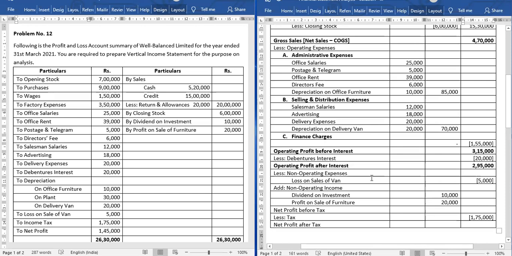After this, non-operating income and expenses: less non-operating expenses and add non-operating income. Okay, then here 5,000 non-operating expenses, and non-operating income 10,000 plus 20,000, 30,000. We will transfer to the outer column. 2,95,000 minus 5,000 add 30,000.